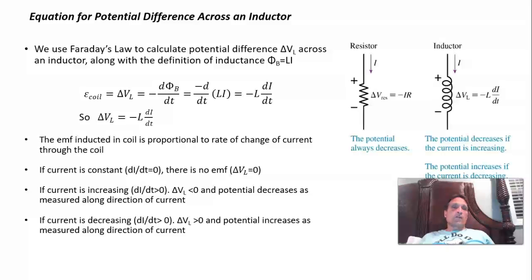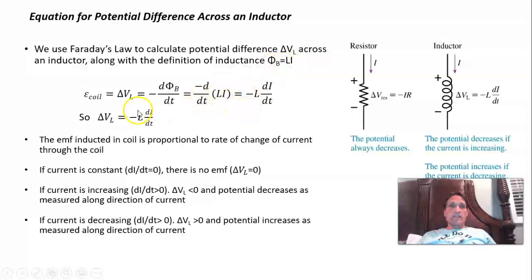If we plug in that the EMF in a coil is the negative rate of change of the flux, and the EMF is just the potential difference measured across the coil. Okay, now we plug in that, recall that the inductance L is the flux divided by I, and so the flux is Li. We plug that in.